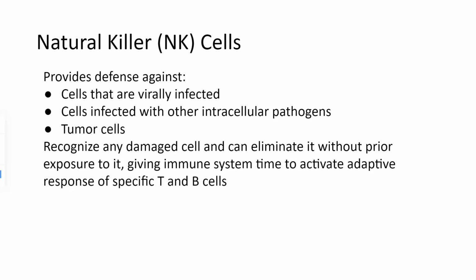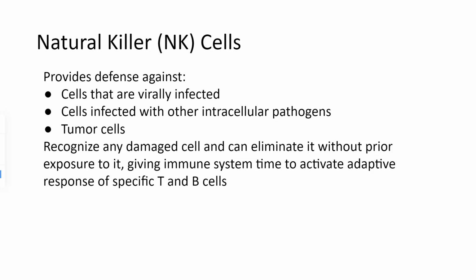Natural killer cells provide defense against cells that are virally infected, cells that are infected with other intracellular pathogens, or tumor cells. In other words, weird-looking or abnormal cells. If you have a virally infected cell, it takes on a different shape. It looks weird. If you have a cell that's infected with another type of intracellular pathogen, like chlamydia, the cell is going to look weird.